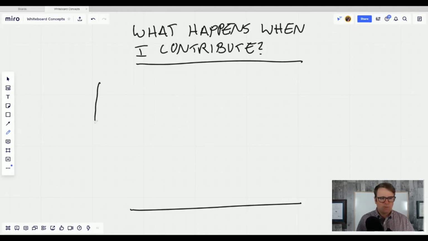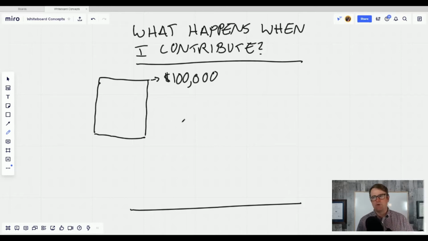So let's say that person generated that room and they've made their 100,000 and now they have 18,000 of RSP room. So this is the income they've made of 100,000, and they've generated 18% of that, so 18,000 of RSP room.